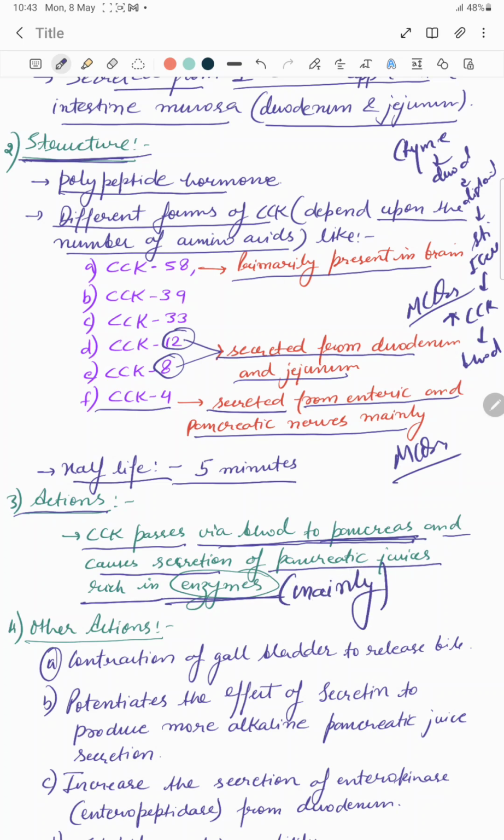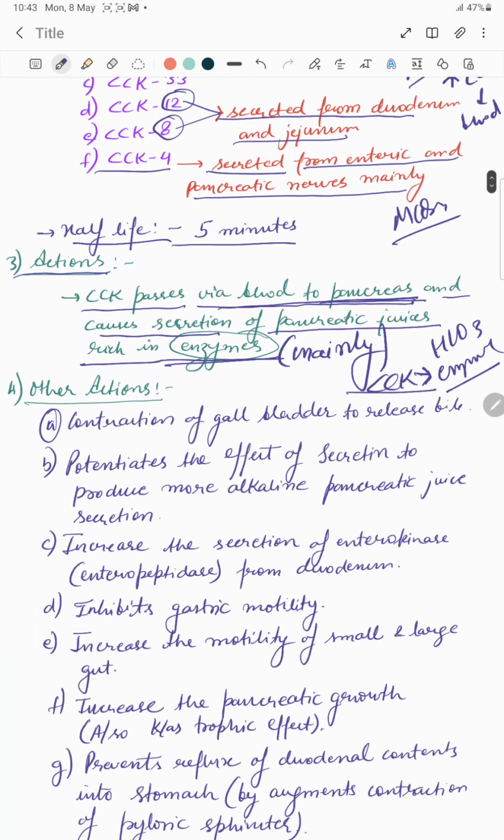Because pancreatic juice has two main components: the first one is bicarbonate and the second one is enzyme rich. So this cholecystokinin is basically responsible for more enzyme rich pancreatic juice secretion. The other action of this hormone is contraction of the gallbladder to release bile.